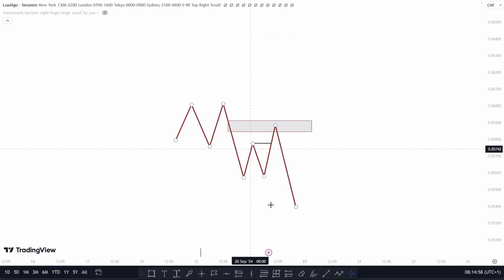A fair value gap is an area where the market is usually headed for, and an order block is also an area where the market is headed for. But that's not all. We also want to include a very simple and effective system. I've found it a very effective way of removing unnecessary analysis.